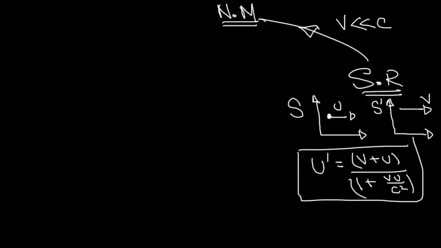For example, if we go back to the Galilean relativity, take an example where instead of a person throwing a ball in the bus, he takes a torch or something that emits photons, right, and he shines that.